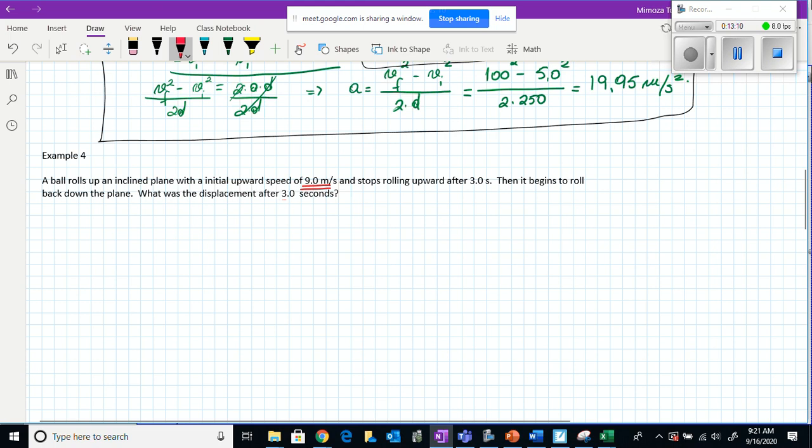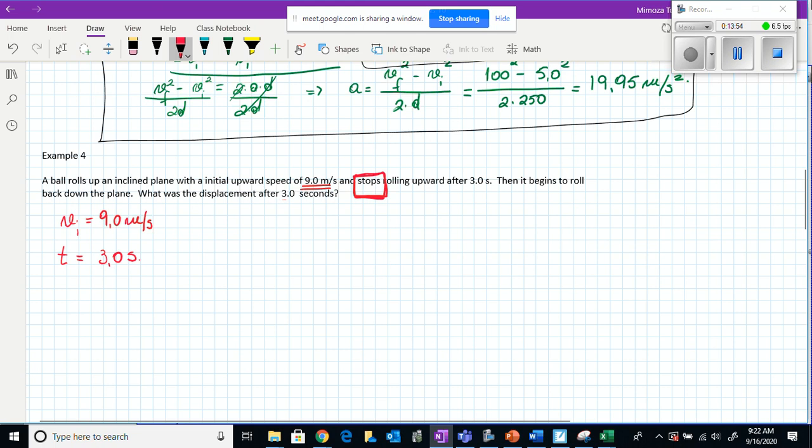Like everything that we have seen, we will start with what is given and what they are looking for. So we'll start with initial velocity is equal to 9 meters per second, and then time is equal to 3.0 seconds. But then when we see here, a ball rolls up the incline at this speed and stops rolling upward, what does that mean?